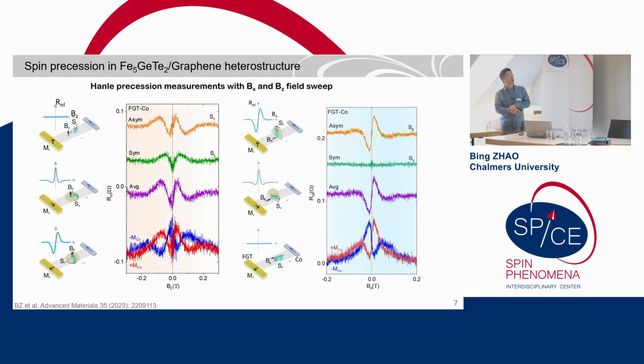That means when we apply the in-plane field, very likely we align the moment to the MY direction. That means the magnet at room temperature is pretty soft, at least in-plane. That gives the conclusion that in this material FGT, it looks like a canted FGT. It is likely easy-plane, meaning the XY plane, but there is still some out-of-plane canting.